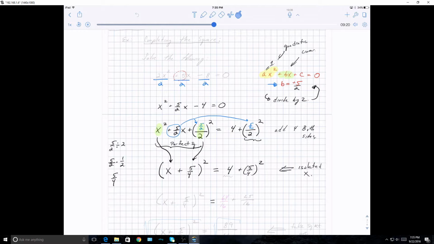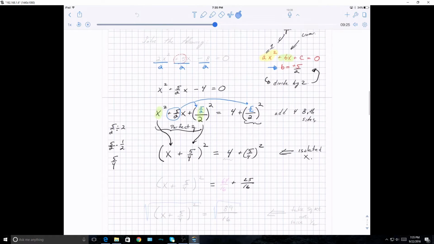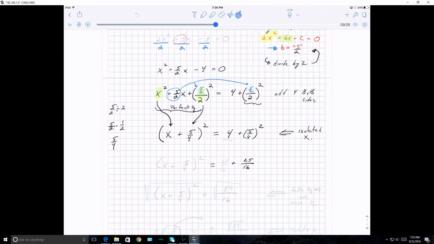So all we have to do is do some number crunching. Let's do that first. That's going to be 4, and that's just going to be 25/16. If we change this 4 right here to having a denominator of 16, then that just means we have to multiply 4 by 16 and get 64.